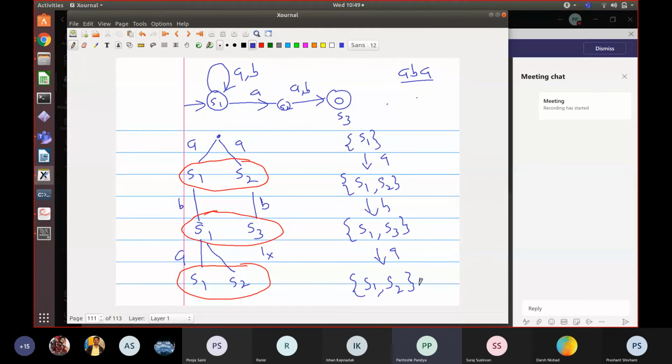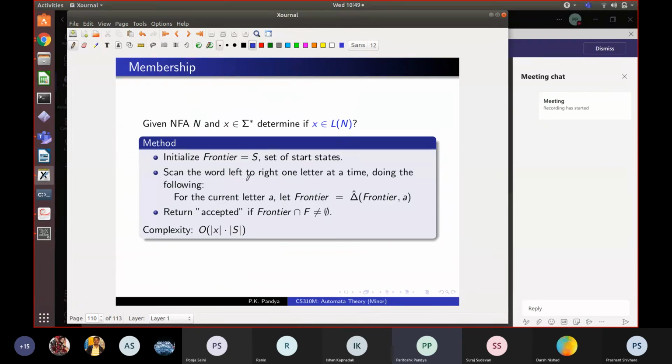And then I check whether the intersection with my set of final states is non-empty. That is, there is some final state which is in this set. In that case, the word is accepted, right? This is the algorithm. This algorithm can be implemented in a computer. So you initialize the frontier to the set of start states. This is my initial frontier. You scan the word from left to right, one letter at a time, and do the following on every letter.